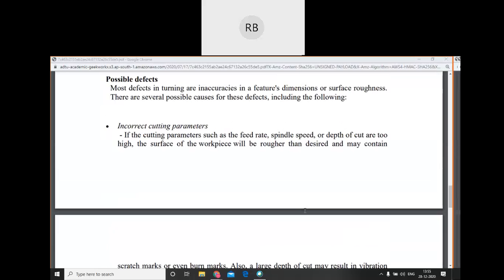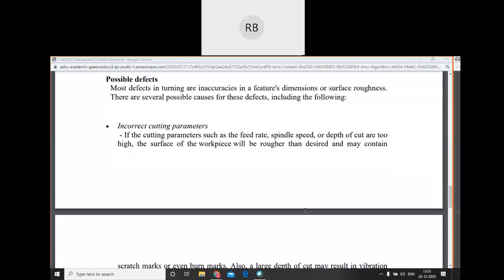Then, possible defects. Most defects in turning are inaccuracies in a feature's dimension or surface roughness. There are several possible causes of these defects, which include the following. First, incorrect cutting parameters.